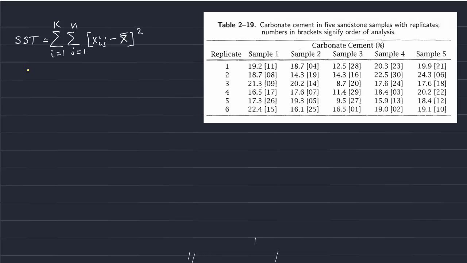All right, so xij is the jth measurement of sample I, and x with two bars over it is the grand mean of all measurements.